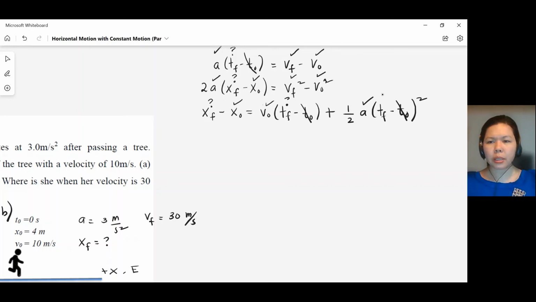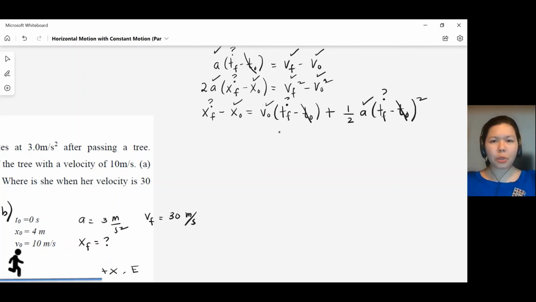T final, we don't have. So looking at this, we can use our second equation to solve for XF.